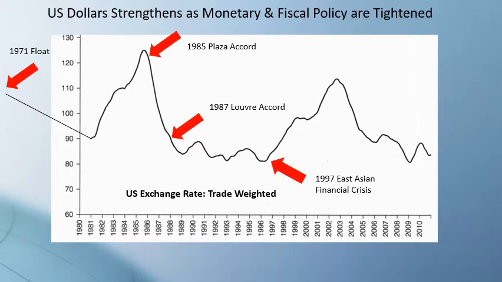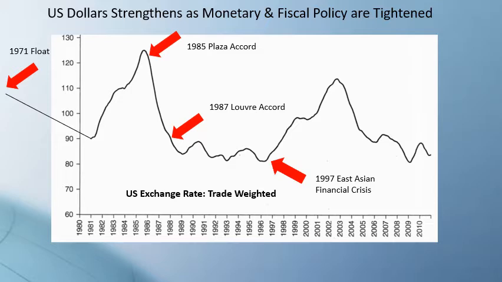The US threatens them with tariffs and maybe withdrawing troops that defend them from the Soviets, unless they agree to a coordinated increase in their currencies relative to the US, so a coordinated intervention in the markets to sell US dollars and buy their currency, and drives the US dollar down in relative terms. So in 1985, the Plaza Accord is signed.